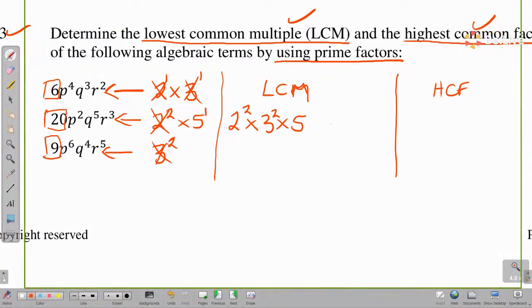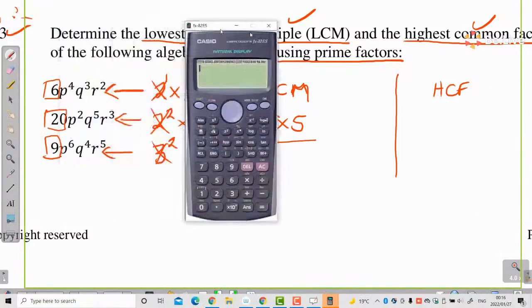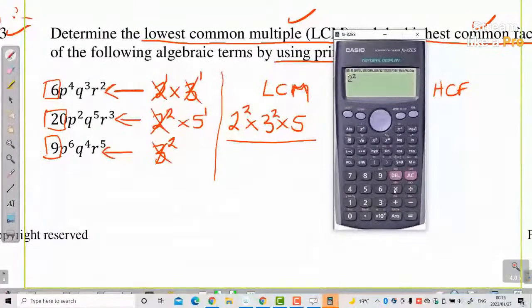Remember, it's the lowest common multiple, meaning which smallest number can 6, 20, and 9 go into. It is the number 2 squared times 3 squared times 5. We can quickly test that number. If I take my calculator and multiply 2 squared times 3 squared times 5, that number is 180.